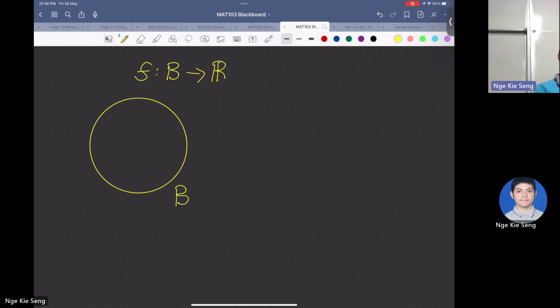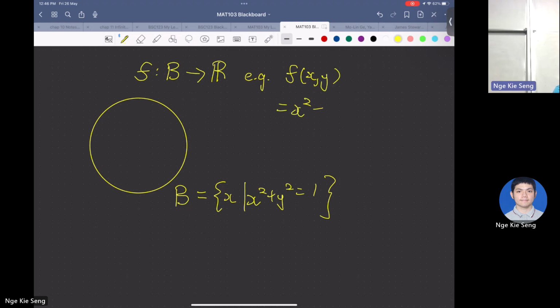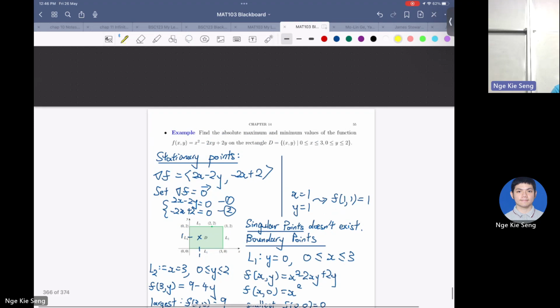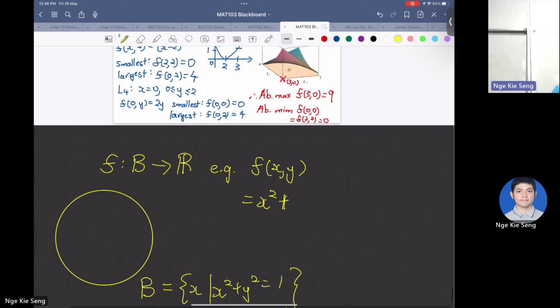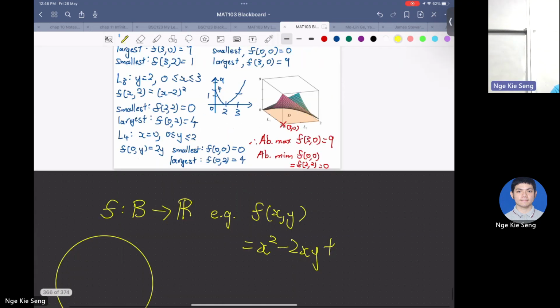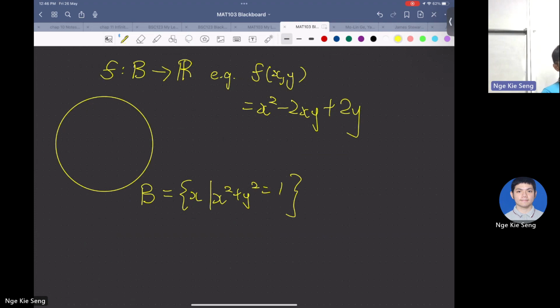Maybe this boundary looks like x squared plus y squared equals 1. Let's still keep the example of our function just now: x squared minus 2xy plus 1.